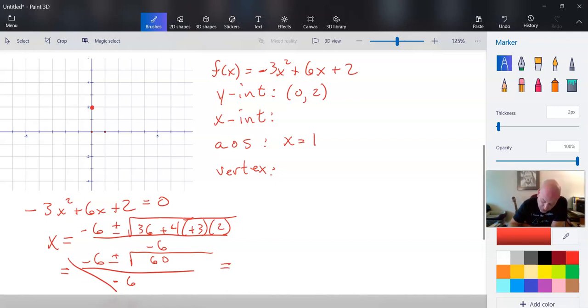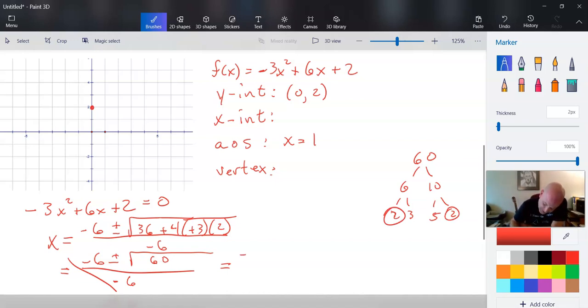What goes into 60? I'm just going to step to the side here and factor this. 60 is 6 times 10, 2 times 3, 5 times 2. So it looks like the only thing we have in common here are the 2's.